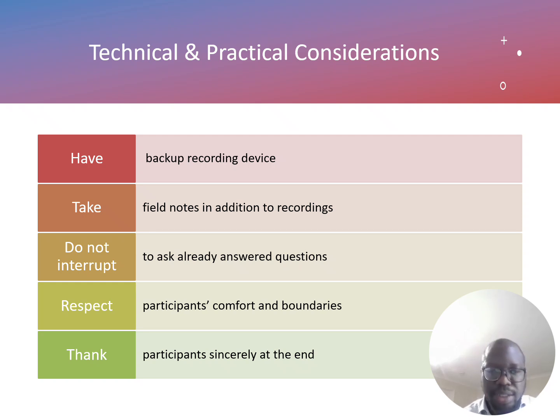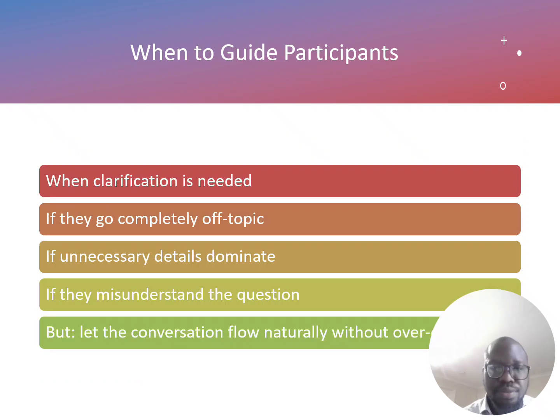So you have to respect that boundary and prioritize their comfort so that you can get good data out, and also for ethics purposes. At the end of your interview, you want to sincerely thank your participant for giving you time, and then you explain to them what becomes of the data they have given you. It's appropriate to explain what you are going to do, and if you will be able to keep them updated on the work, you should mention that as well.